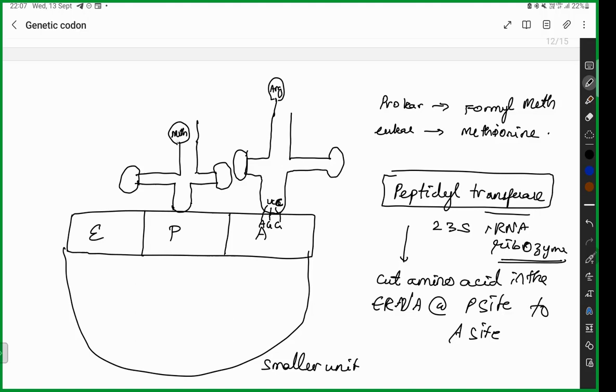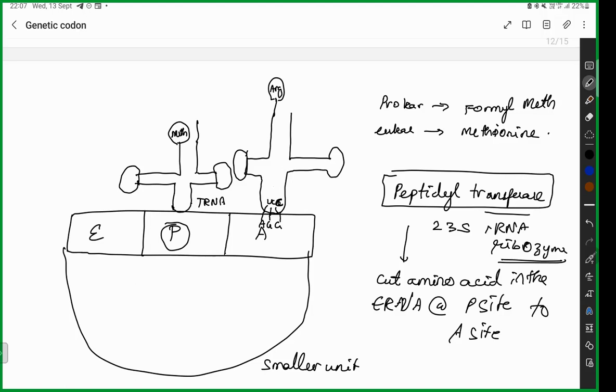Again, I'll repeat in English. You have a tRNA in your P site, and along with that you have an amino acid loaded.